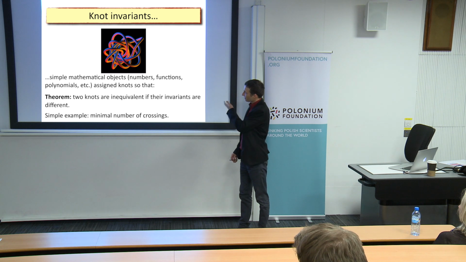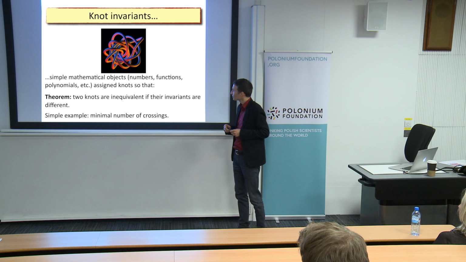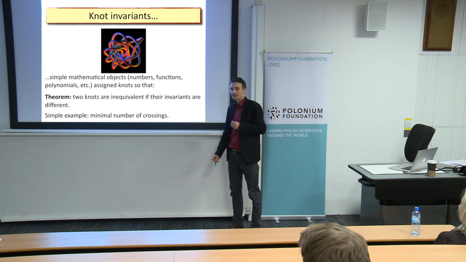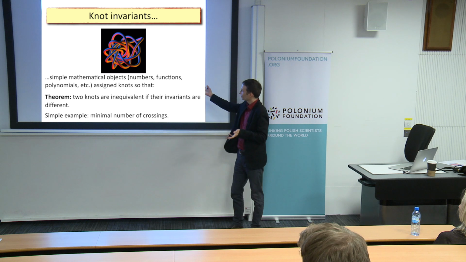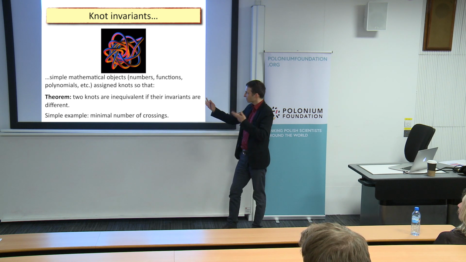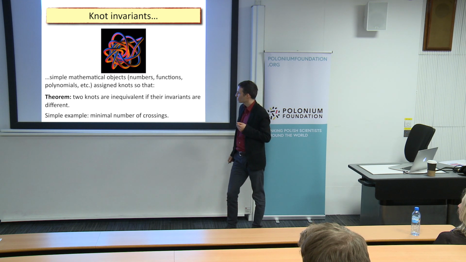So mathematicians devised other objects which are called knot invariants, which are simpler mathematical objects like numbers or polynomials or functions, which they assign to knots. And then there is the statement that you can compute this object, so for example, some function, for two different structures, and if you get different results, it means that these structures are not equivalent.